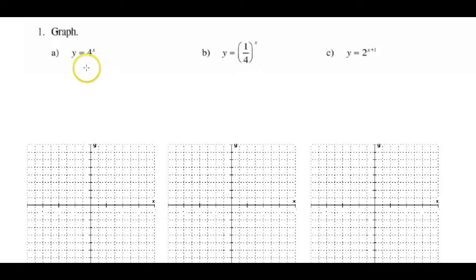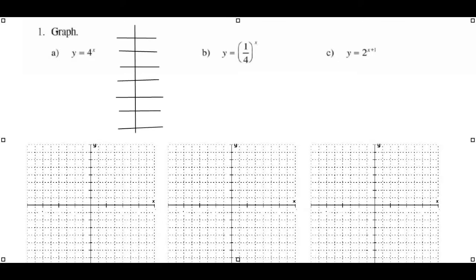Now what I'm going to do here is set up some t-charts, and you should do this on your paper as well. So there is the start of a t-chart, and we're going to put our x values there, our y values there, and again our equation is y equals 4 to the x power, and we want to graph that.